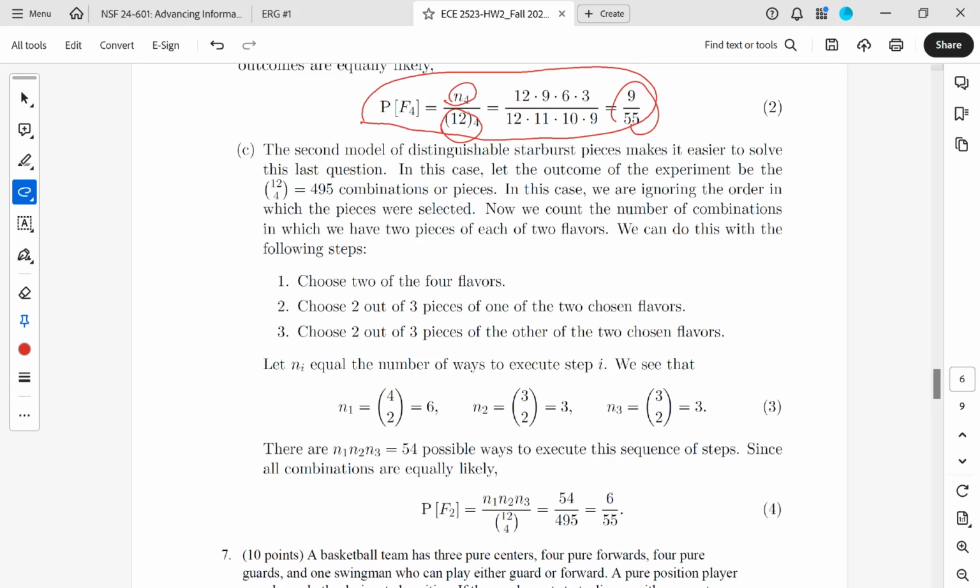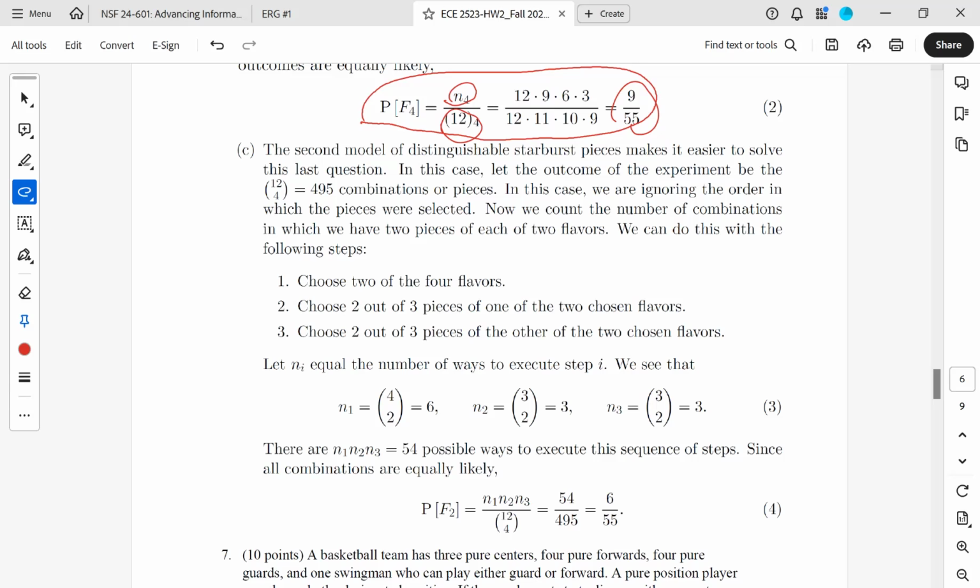How many combinations could I have in which the result has two flavors? Out of the four flavors, you have to count how many combinations you could pick two flavors. Does that make sense? Okay, so what is the result? It's going to be 4 choose 2, 4 factorial over 4 minus 2 factorial. So the first step is to count the combinations that give you two flavors.